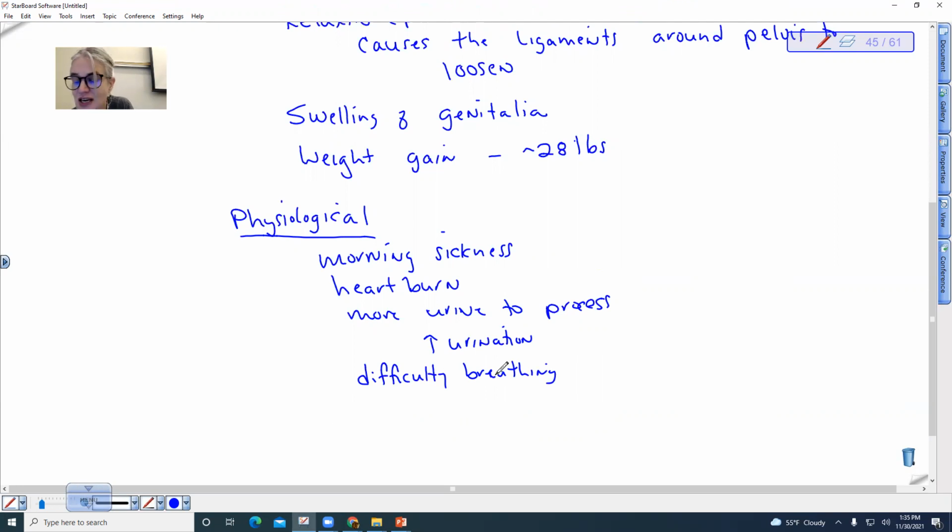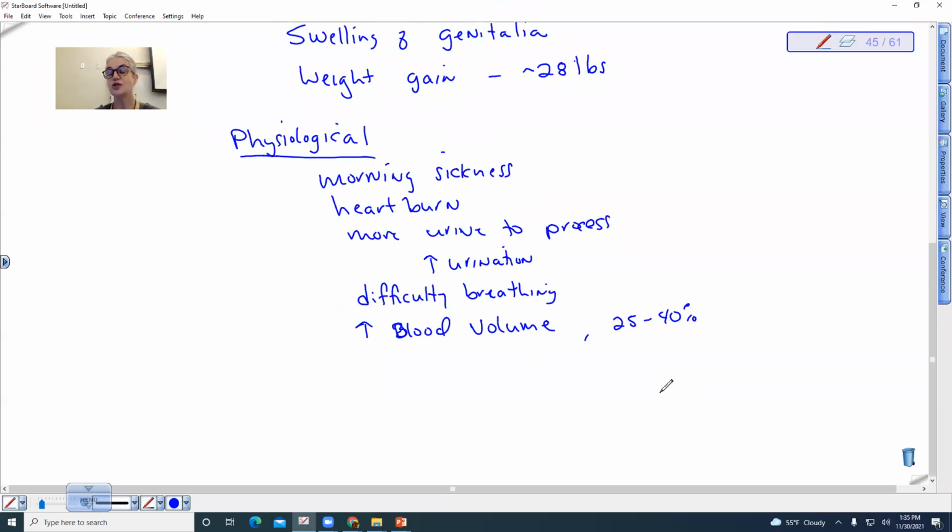And the big change is that you do have a massive increase in your blood volume, because you're having to supply the developing fetus with oxygen and nutrients. So you can increase by 25 to 40%. And sometimes this increase in blood volume could potentially lead to an increase in blood pressure.